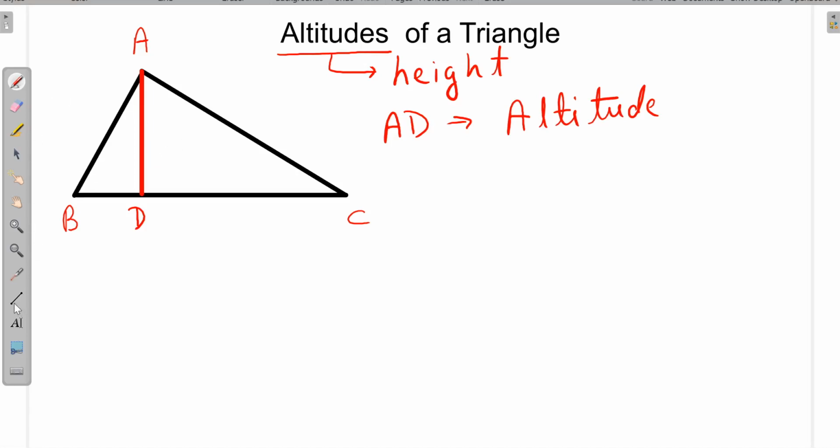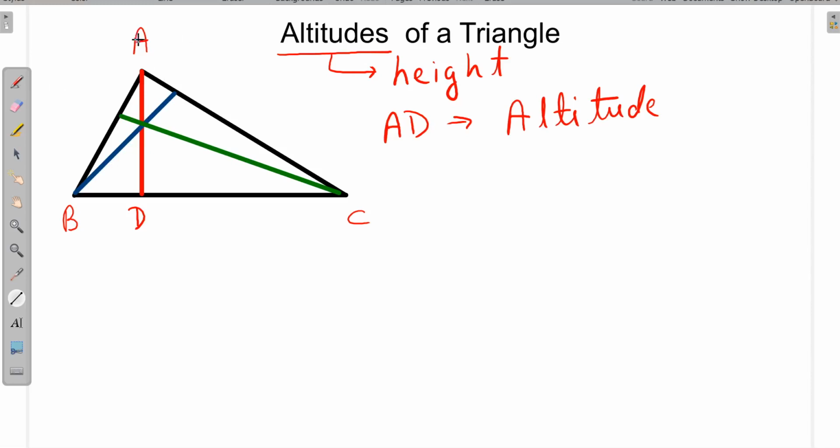Suppose that from the vertex B I have taken, using a different color here, a line that falls perpendicular to AC. So this is also an altitude. Similarly, from vertex C, this is the line which falls perpendicular to AB.